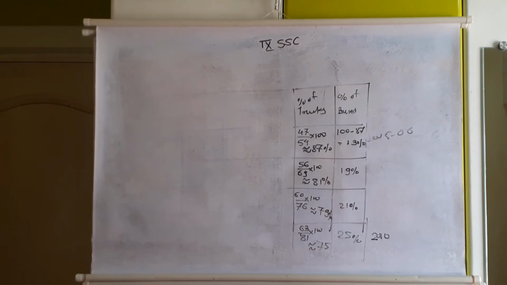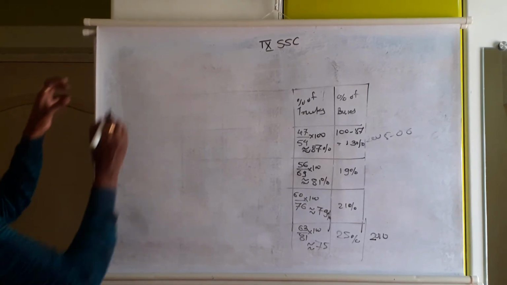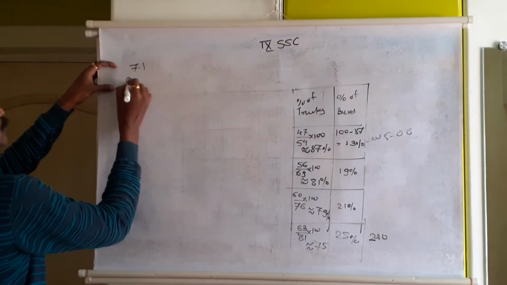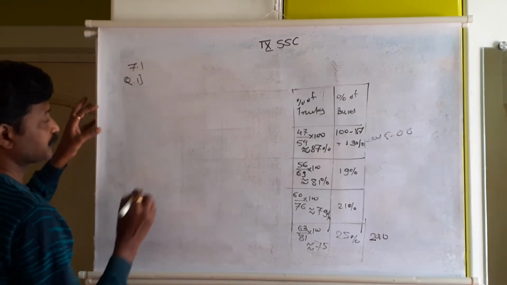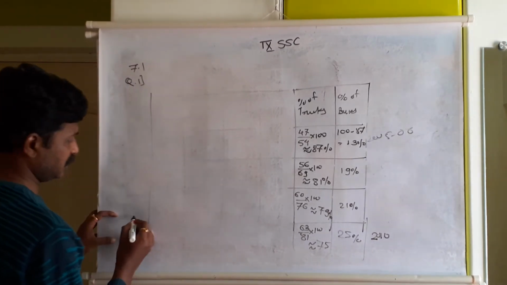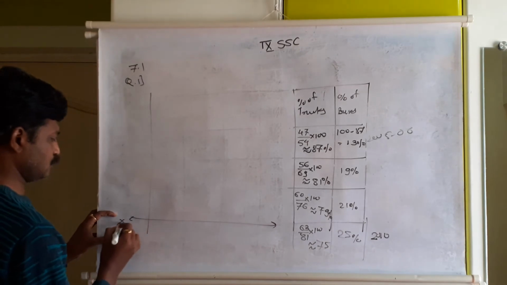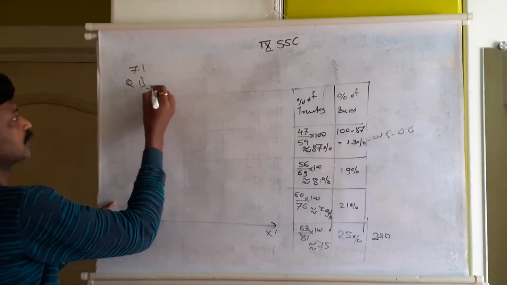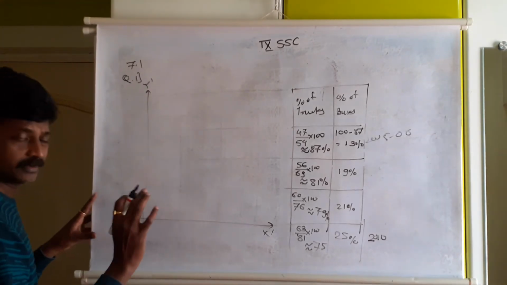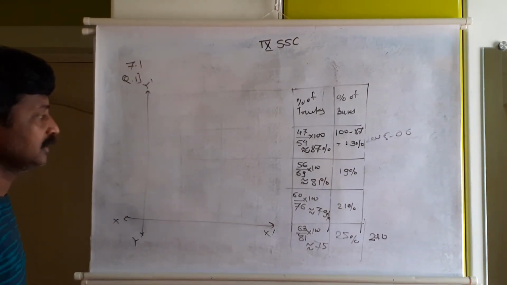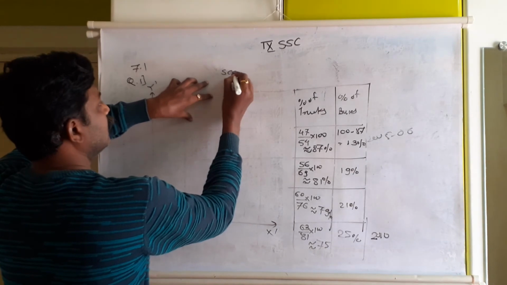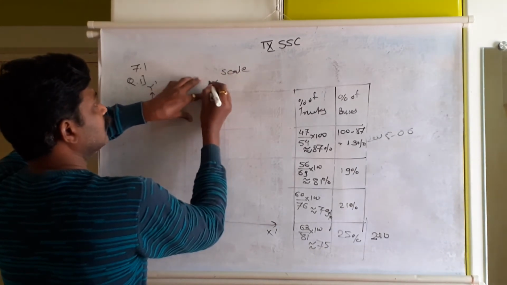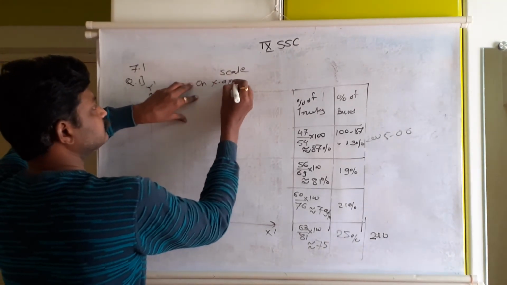For the graph, first write the question number 7.1, then x-axis, y-axis will come here, X dash, Y dash. Arrowheads are also necessary to show, half mark will come otherwise. Now the scale will come, half mark is there for scale also on the x-axis.